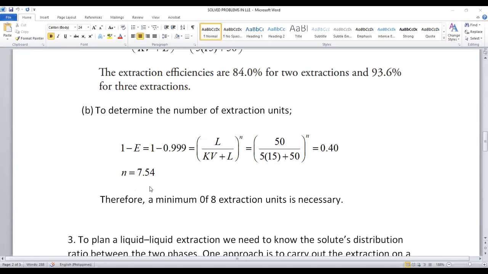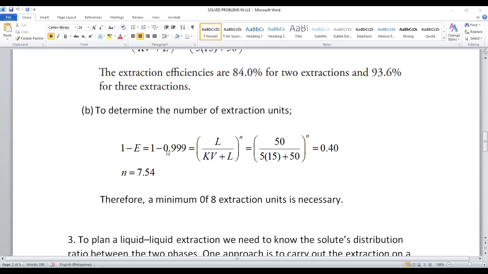Okay? Now, to determine the extraction units that will give you 99% efficiency, then you will have 1 minus E. This is your formula here because actually this one is the unrecovered. So if it's efficiency, you want the recovered. So that would be 1 minus E. 1 minus E is equal to 1 minus 0.999.